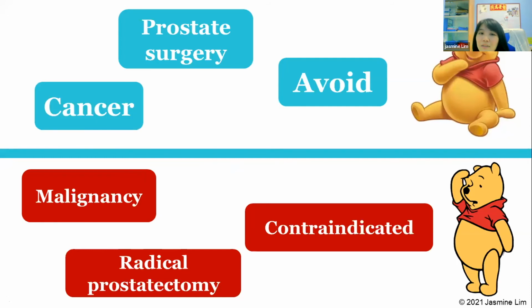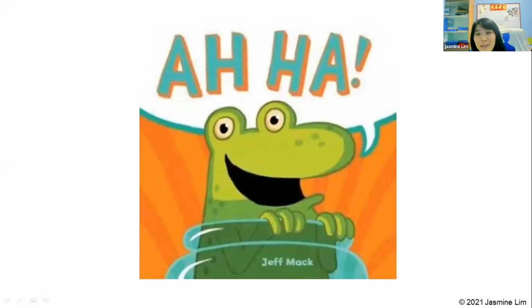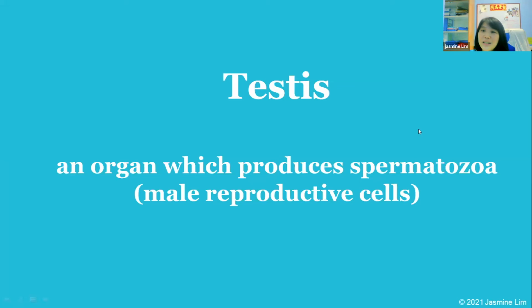So basically, if you're facing a different audience, there are differences in the wording that you're going to use. It depends on the context, and you also can use metaphors to describe your work, and that will be a big aha moment for your audience. For example, for the scientific and clinical communities, we describe the testis as an organ which produces spermatozoa, that is, male reproductive cells.